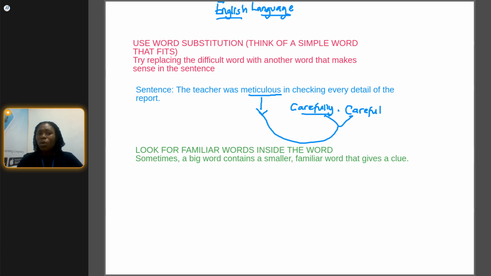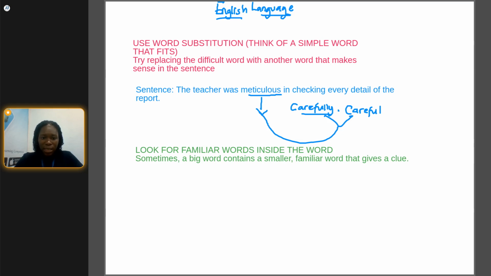When you find the word in, you can say, okay, in is the prefix, and the prefix usually means not. So not examinable. You can say it means not able to investigate, or impossible to examine, or impossible to investigate. That's the word there.